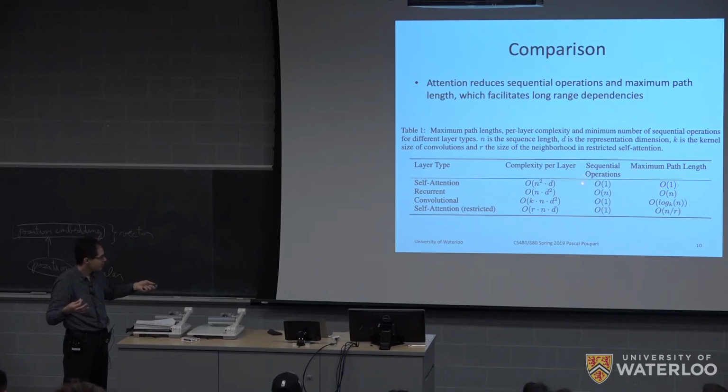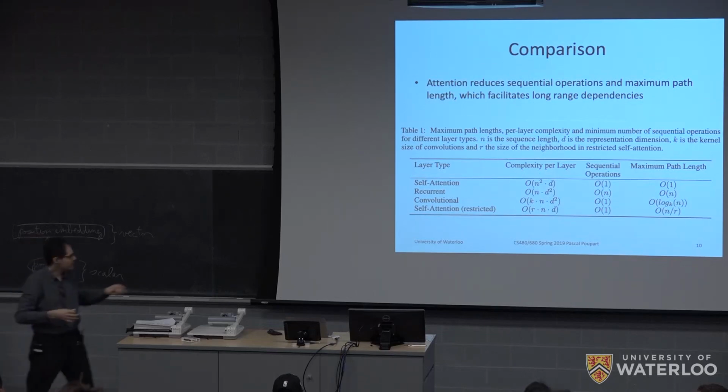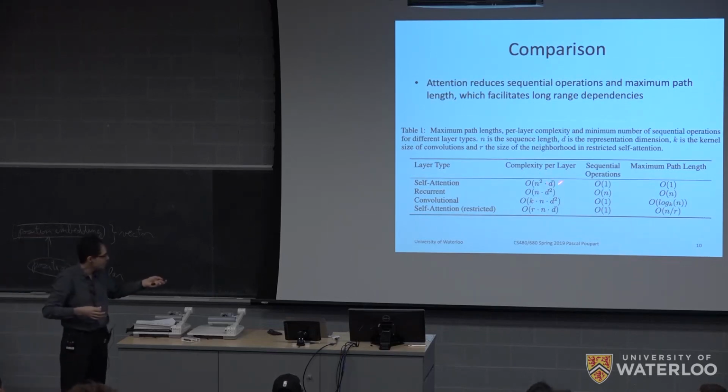And the other important aspect is that there's no sequential operation, in the sense that we have a sentence of size n, but now we essentially process all of the words simultaneously. We're going to look at every pair of words simultaneously. So I guess this is where the n squared creeps in. But on the other hand, all of this can be parallelized.